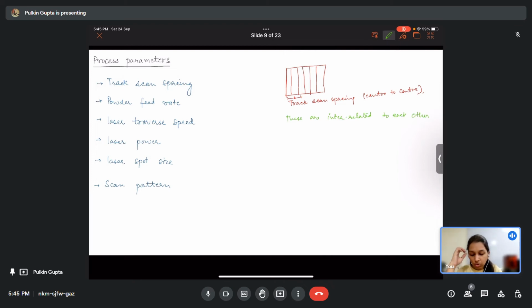Okay, so increasing laser power or powder feed rate and decreasing traverse speed will increase the deposit thickness.